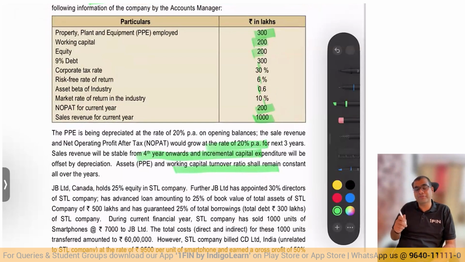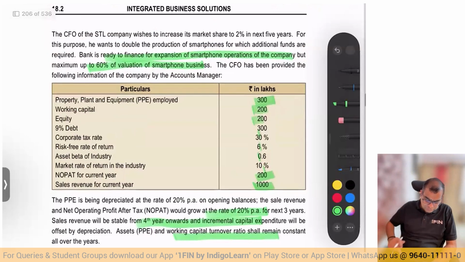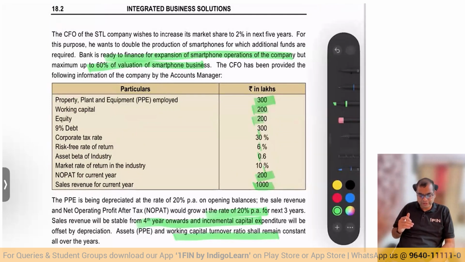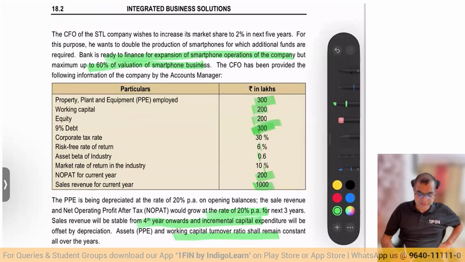Because the project is going to be financed by debt, right? Now have they given debt? Yes, they have said here debt 60% of the overall valuation. So either you do FCFE and you take debt, but they've already given 9% debt at 300. What do they mean? Let us see.